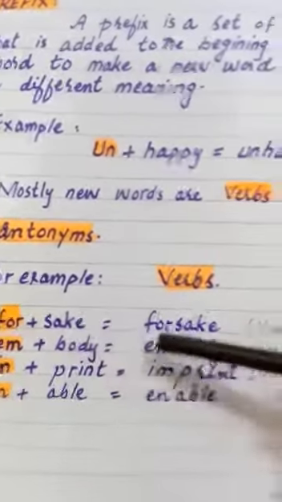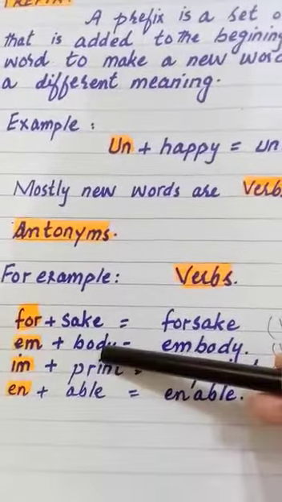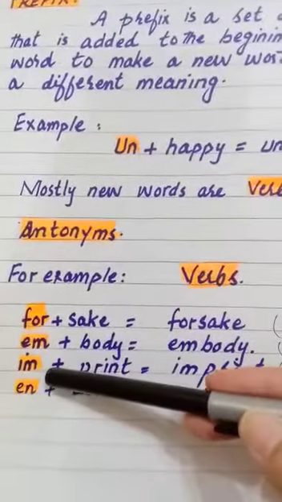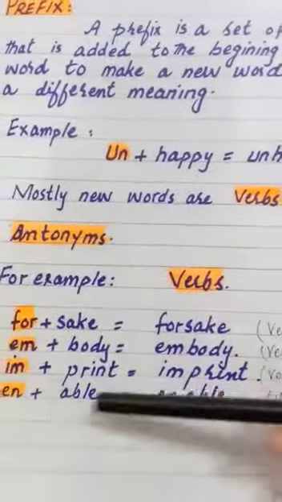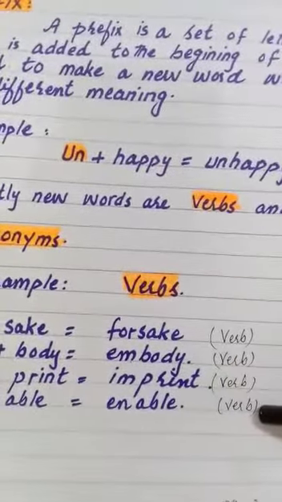Forsake: for plus sake is forsake, and this is a verb. Embody, it is a verb. Imprint, it is a verb. Enable, it is a verb.